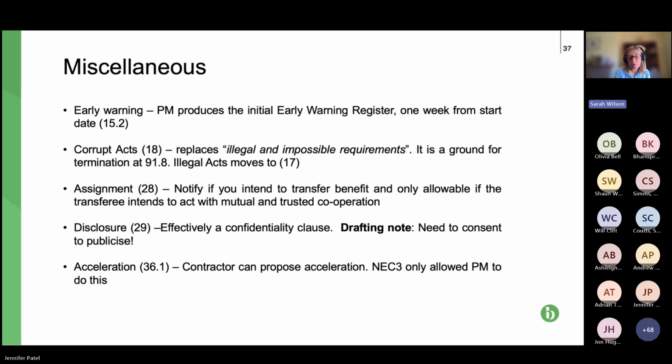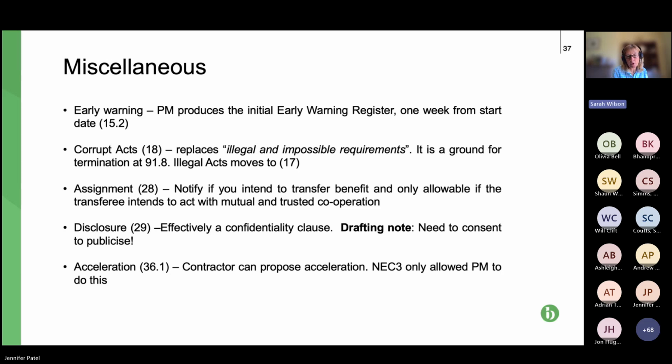Finally, acceleration, clause 36.1. NEC already has an acceleration clause in. Again, in my experience, not well used, but this new clause states that the contractor can propose acceleration, whereas NEC3 only allows the PM to do that. Of course, the contractor has a duty to mitigate its own delays and a general duty to mitigate delay.